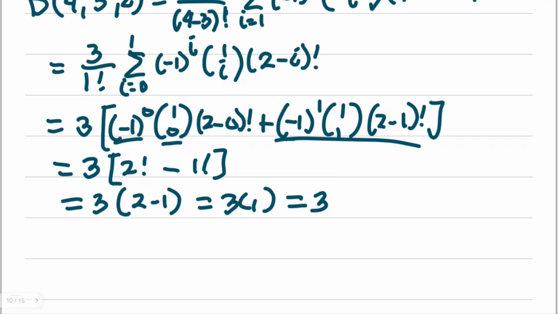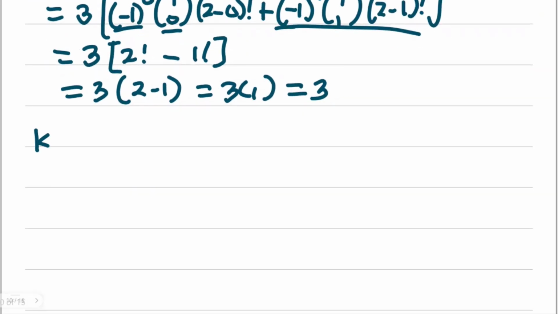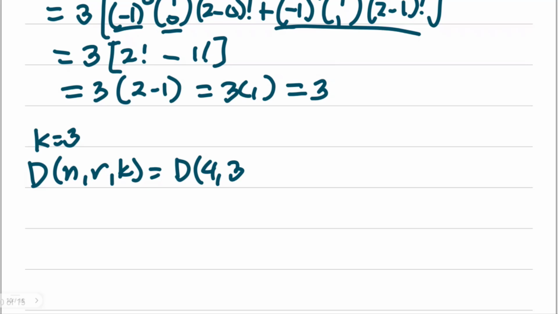And finally, what if k is 3, meaning all of the points in the 3 permutations of n equals 4 are fixed? So you have D(n, r, k) stands for D of 4, 3, 3.